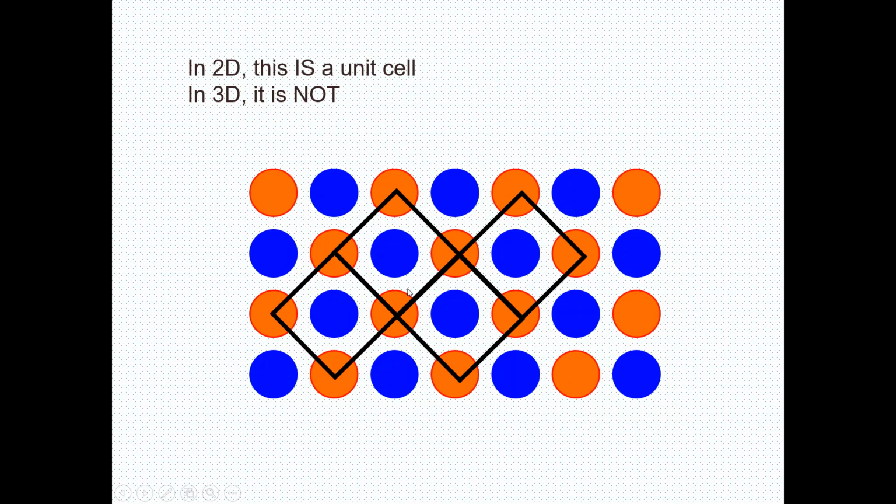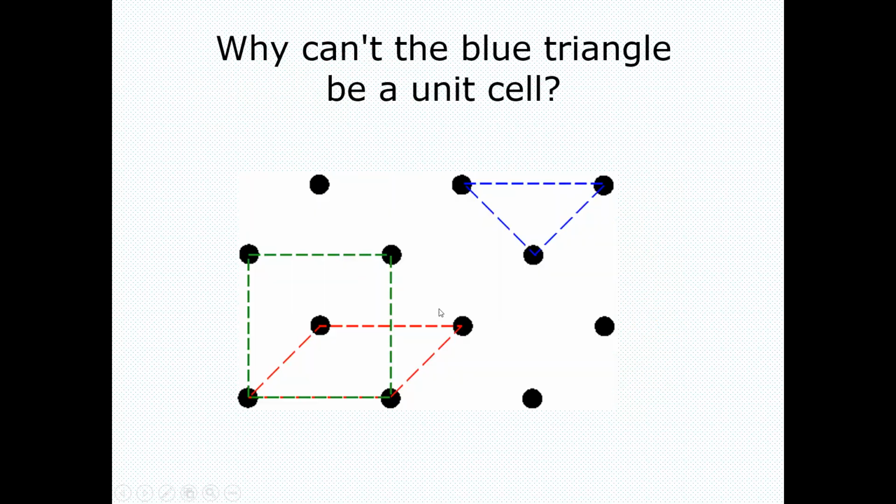Here is another example. You can see that in 2D this is a unit cell, but if you look at this lattice in 3D, there is no unit cell. Now, if you have some understanding of the unit cell, you have to answer why the blue triangle can't be a unit cell.